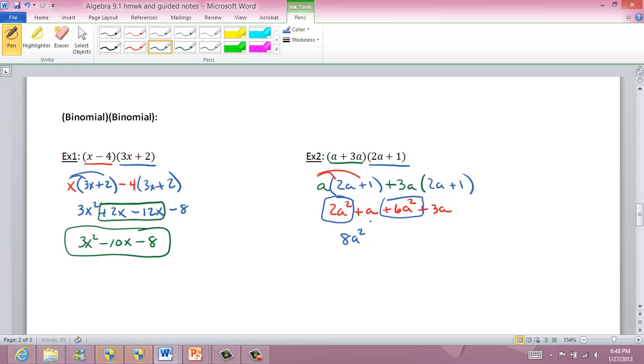And 8a squared, combine like terms here, plus 4a. Generally, we would not have this a here. Okay, but before I started the example, I didn't see it there, so it just followed it through anyways. So, keep in mind that each term in the first binomial has to get distributed to each term of the second polynomial. And once we distribute, all we do is look to combine like terms.